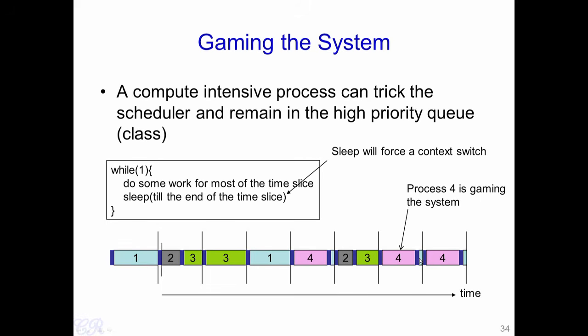So, it is going to assume that process 1 is a CPU bound process and move process 1 to a lower priority class. On the other hand, process 4, which is blocked on a sleep, will remain in the high priority class. Thus, process 4 will be able to game the system. It will continue to execute from the high priority class, while another process such as process 1 will be moved to a lower priority class.